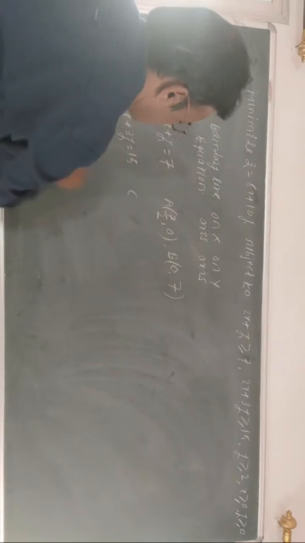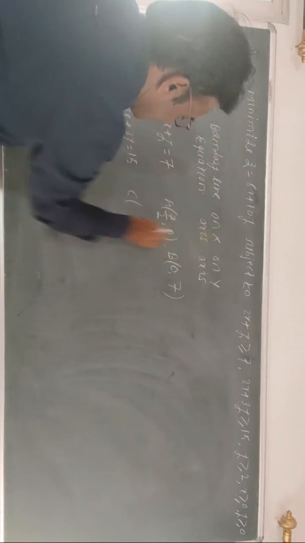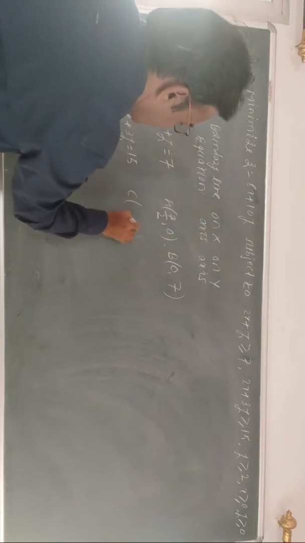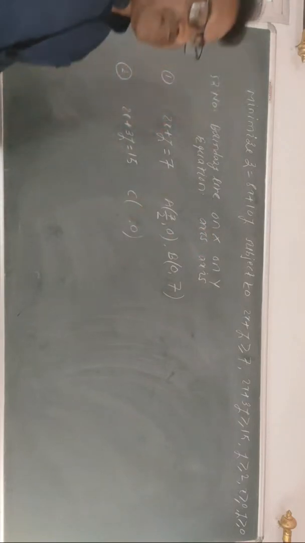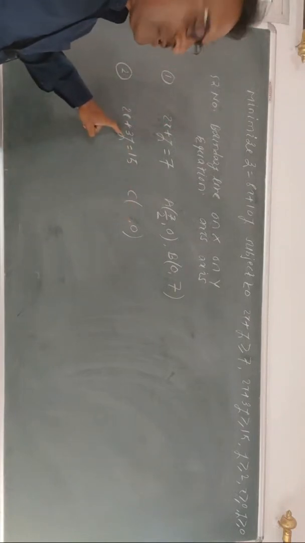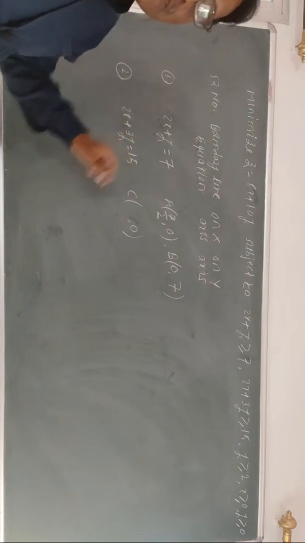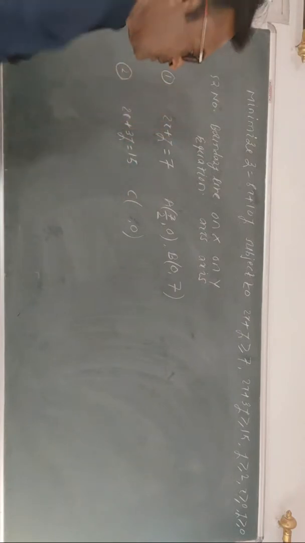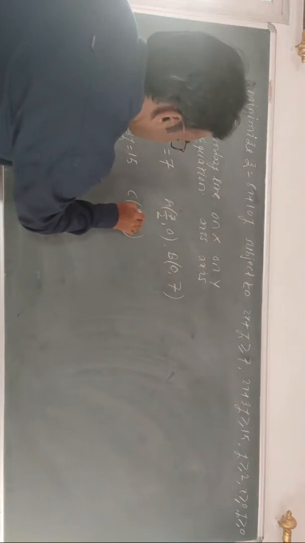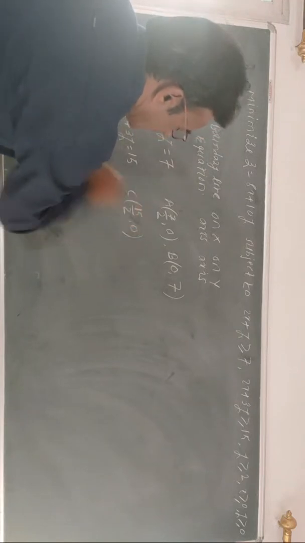Suppose this point is point C, and on the x-axis the y coordinate is 0. Next we find the x coordinate. So we put y equals 0 in this equation: 3 into 0, 0, plus 2x, 2x equals 15, therefore x equals 15 by 2. So we write 15 by 2.